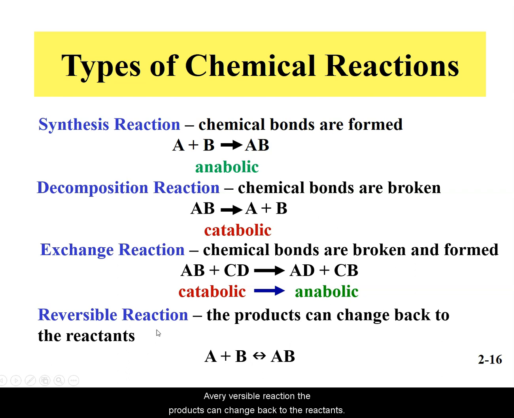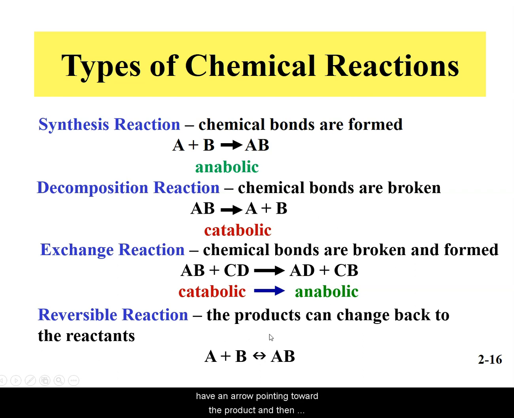A reversible reaction: the products can change back to the reactants. Here we have A plus B forms AB. We had Na plus Cl, remember, sodium chloride, and if the arrow looks like this, it means it's reversible.